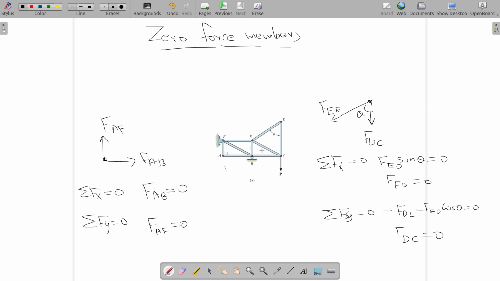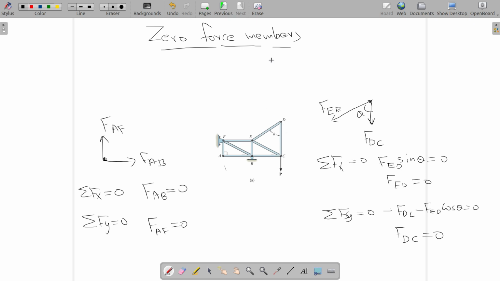So in real life, for engineering structures, such zero force members are not useless. They are sometimes used to make sure that your structure is safe enough. If some other member fails, or in certain cases, these zero force members will have to play a role, will have to take a load if there is any unsuitable condition, any failure, or some extra forces come out here in a certain situation or something like that.